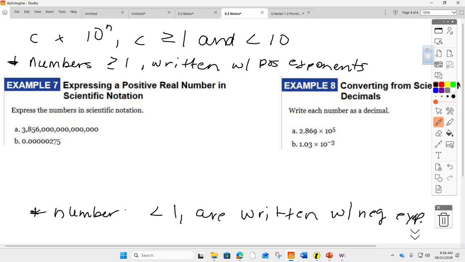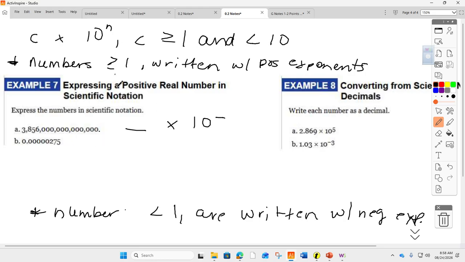All right, so I know I need a base times some factor of 10. So my number is going to be greater than or equal to 1. If you don't see the decimal, remember it's always to the right of the last digit. How far do we have to move it back until we get that C, that factor that falls within this range?